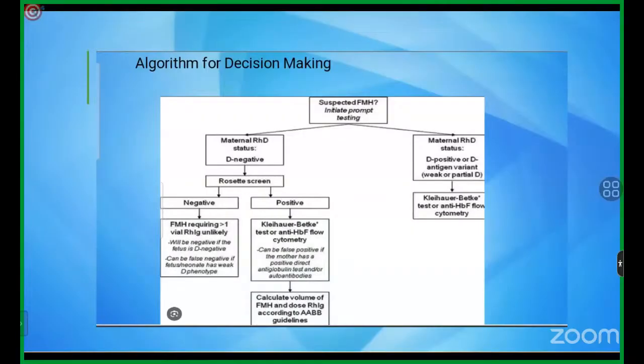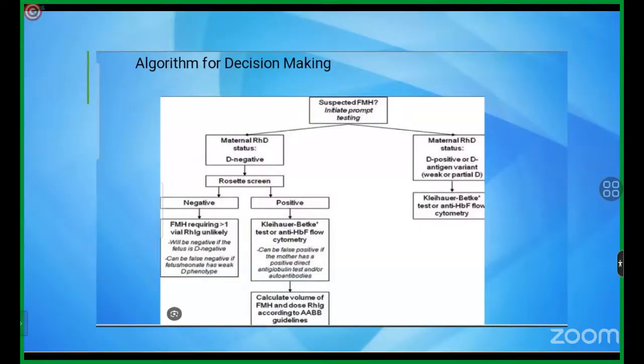I will explain briefly in the coming slides what Rosette screen means. If the Rosette screen is negative, we go to FMH assessment. FMH requiring greater than 1 vial is unlikely.